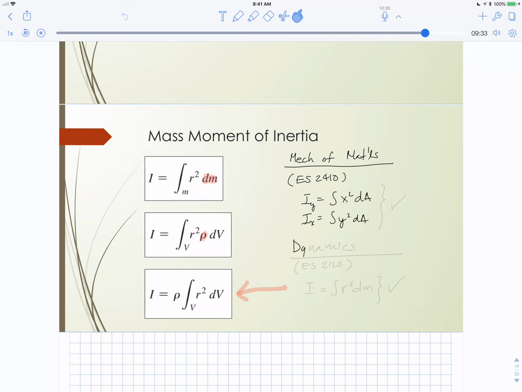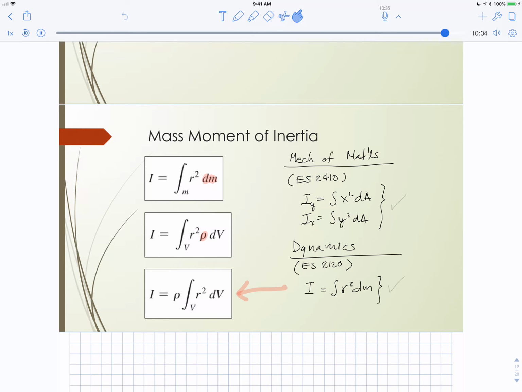For dynamics, I think it's ES 2120, you are going to use this one, I equals integral r squared dm. When you hear moment of inertia in mechanics of materials, it is area moment of inertia. And when you hear moment of inertia in dynamics, it's mass moment of inertia.